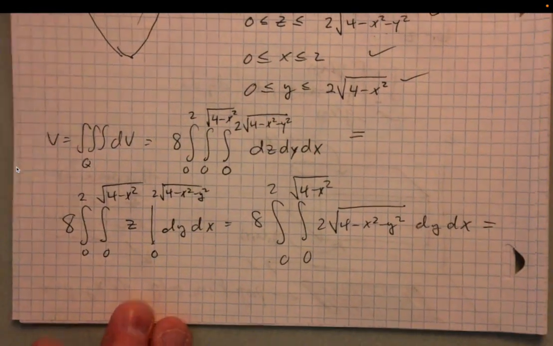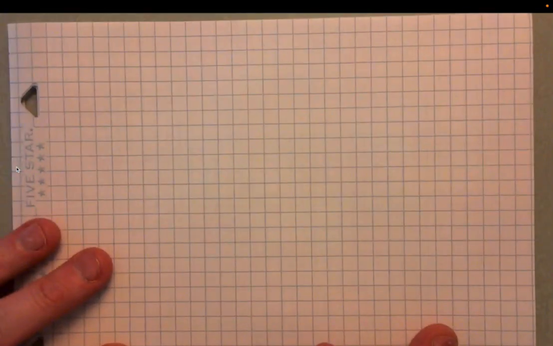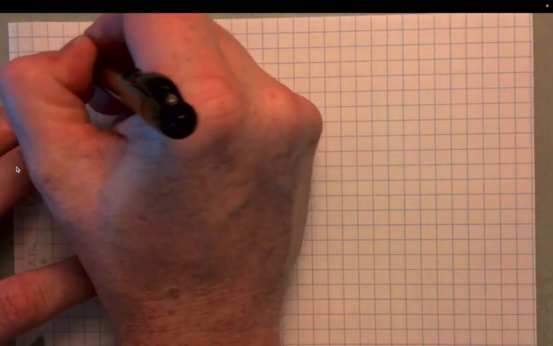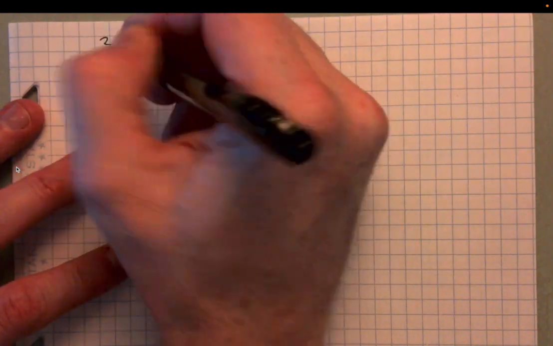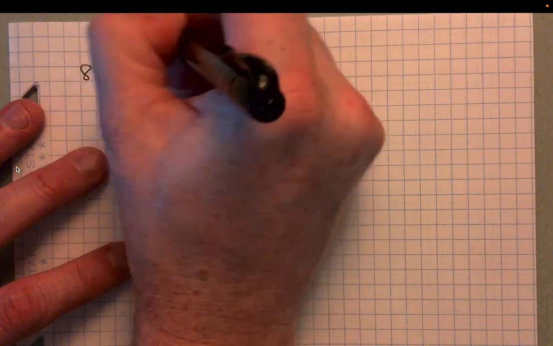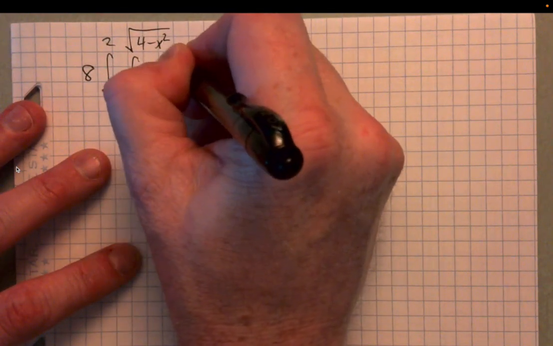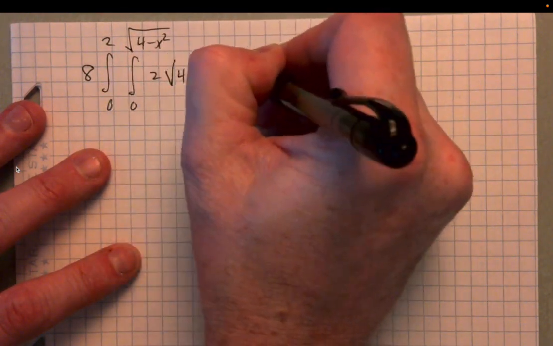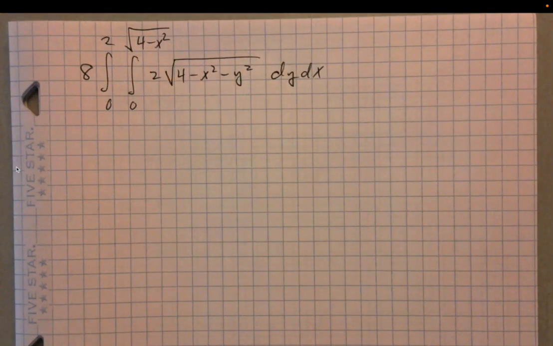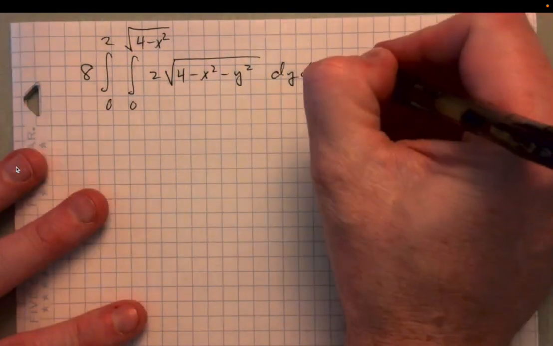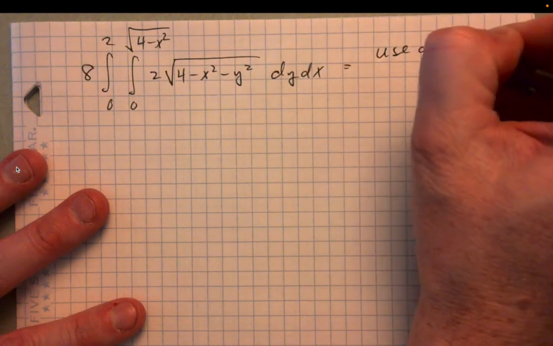And then we can go to the next page here. And this guy we can evaluate. Now it turns out this one is pretty darn tricky, so let me rewrite it here so we can look at it. And so what we want to do here is use an integration table.